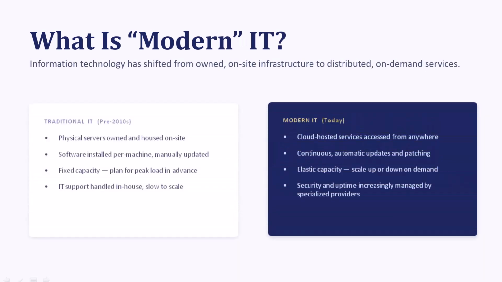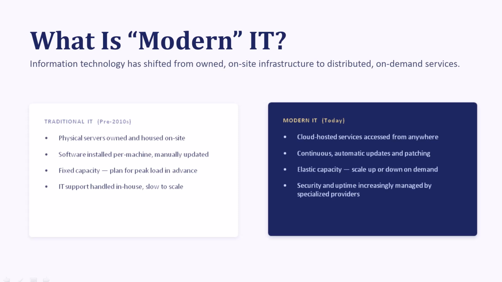So, what do we actually mean by modern IT? To understand it, it helps to compare it with how things used to work. Traditionally, IT meant physical servers sitting in a back room or data center, owned and maintained by your own team.